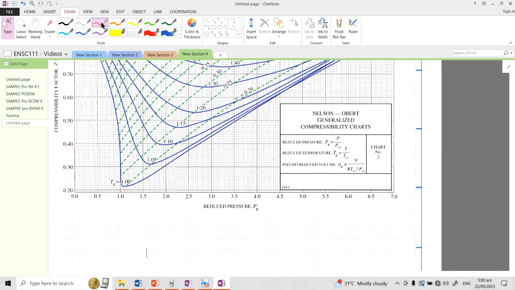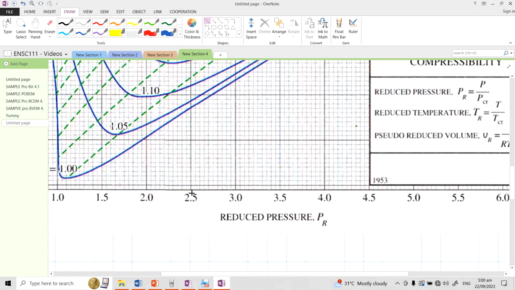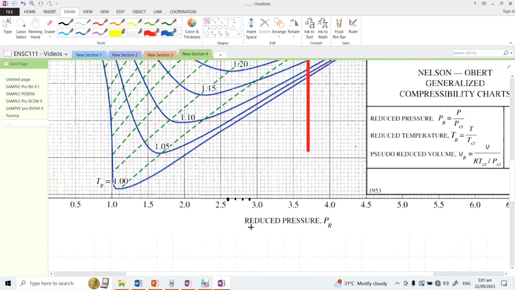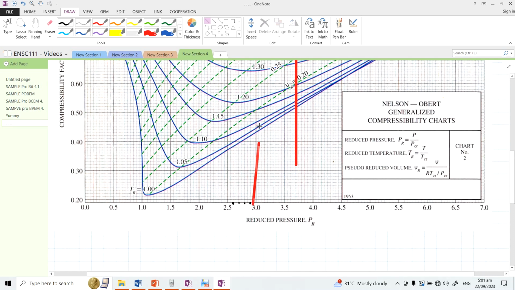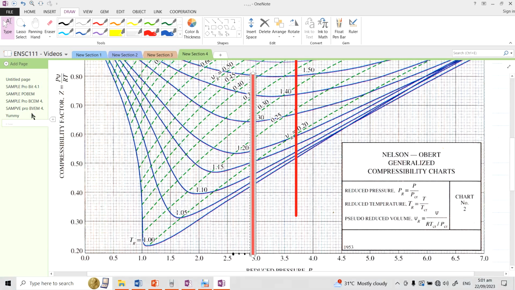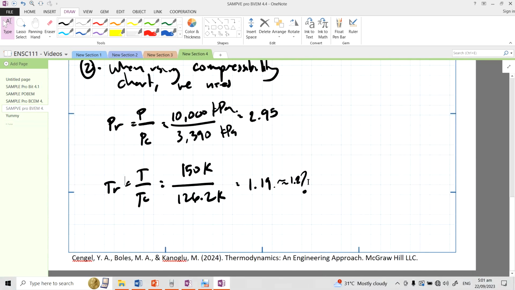Here is 2.5, then 2.6, 2.7, 2.8, 2.9, and here's the 2.95. And the temperature is 1.2.